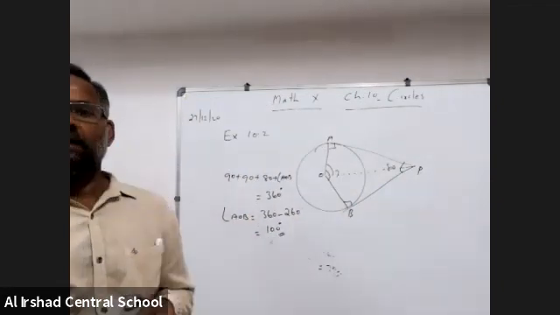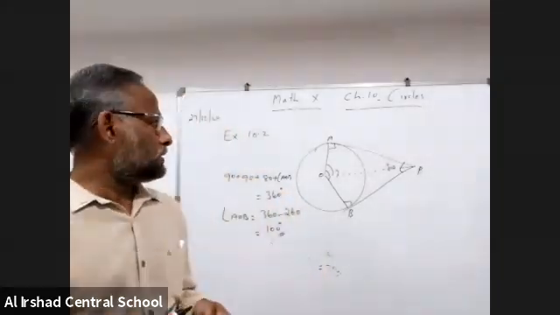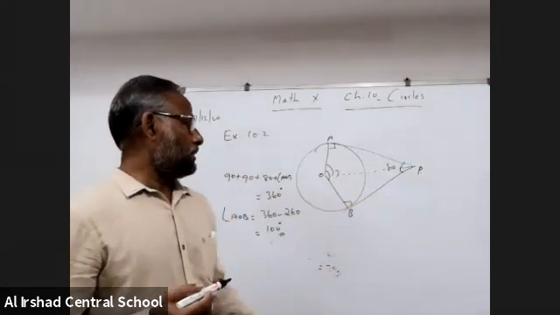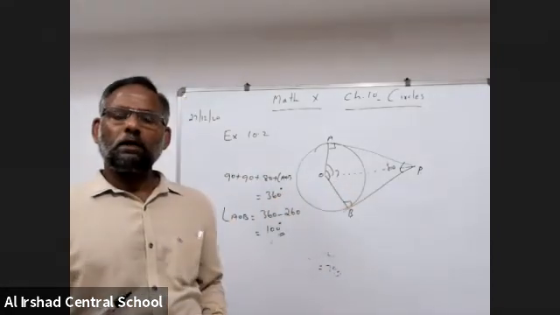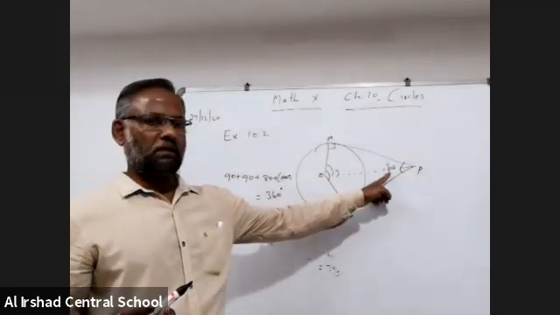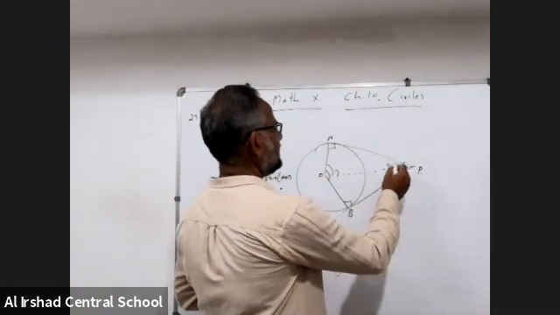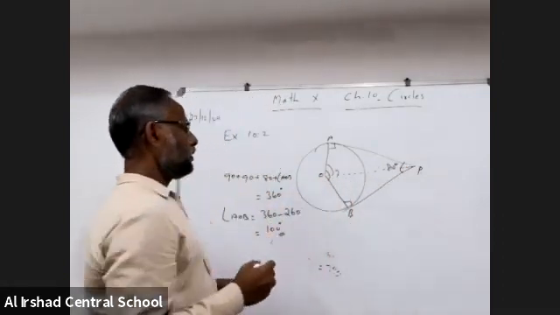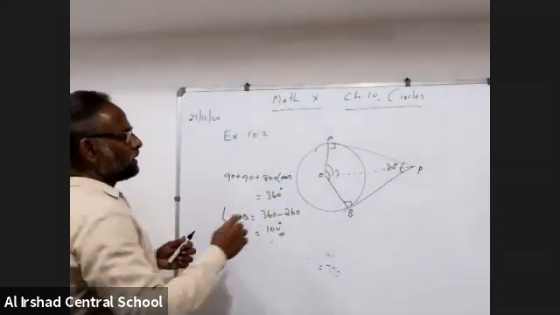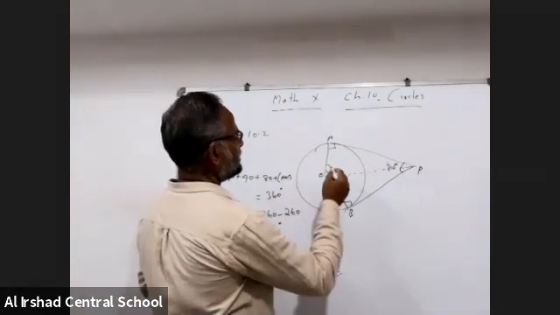AOB is 100 degrees. But the question is, find AOP. How then? Central angle we got now. This angle of inclination is 80 degrees. Central angle AOB we got now. Now we have to find this small angle.